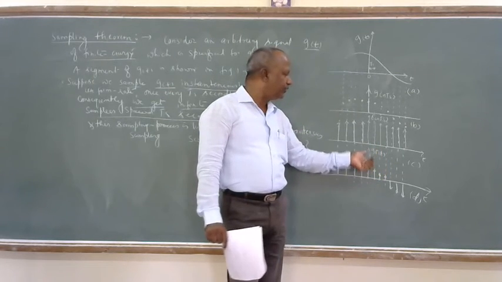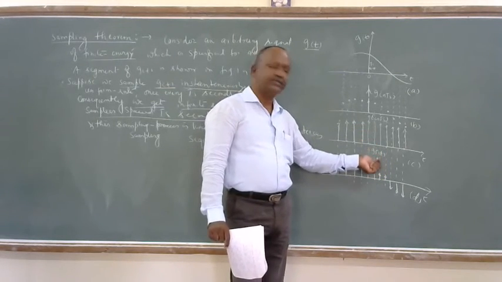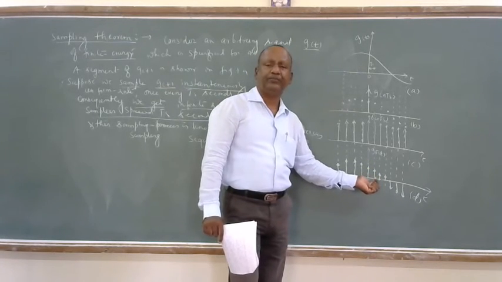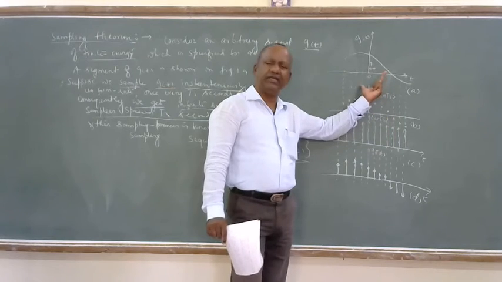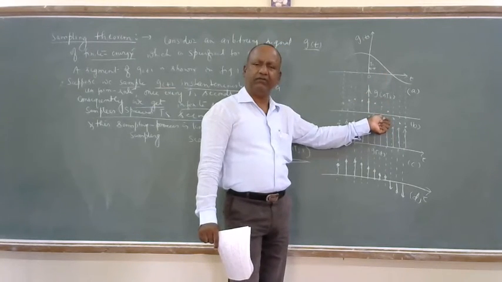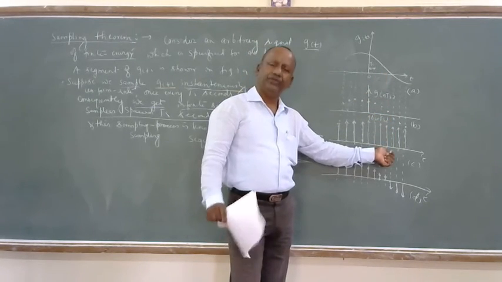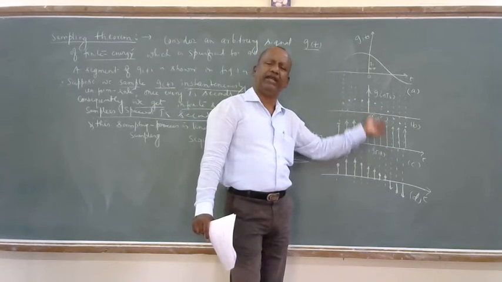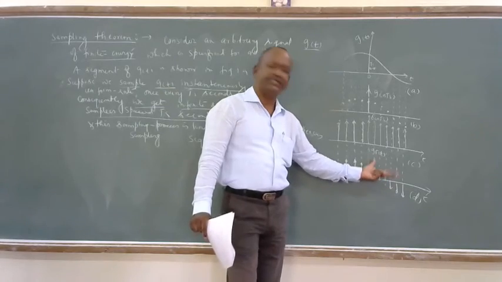Now try to write this operation, which is graphically shown in figures A, B, C, D. A is my input signal, B is the sample values, C is going to convert the sample values into a signal. I am using a delta function. When I multiply these two, I get z delta of t.